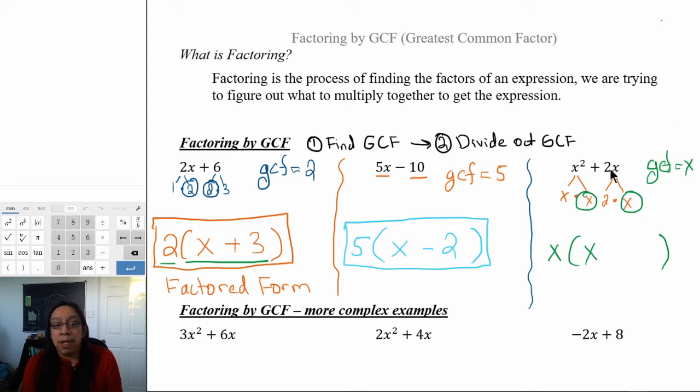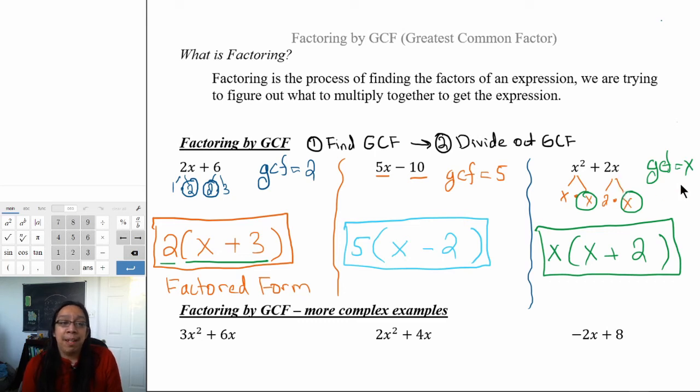With the next one, we have 2x divided by x. The x's simplify out, and all you're left with is just plus 2. So this right here is your factored form, x times x plus 2.